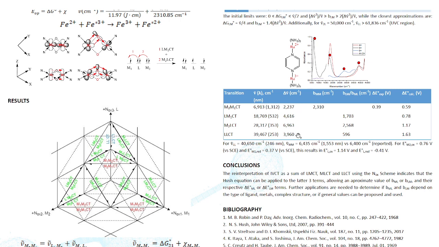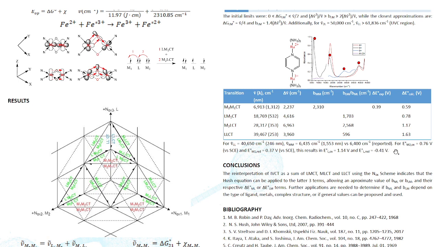Using the relationship for the ligand to ligand, metal to ligand, and ligand to metal, we find that the approximate value of the metal to metal charge transfer is 1,312 nanometers, or 6,913 wave numbers. If we move the ligand to ligand charge transfer slightly, just 7 nanometers in this case, we find a closer value in terms of wave numbers compared to the experimental value, with a mere difference of 35 wave numbers.